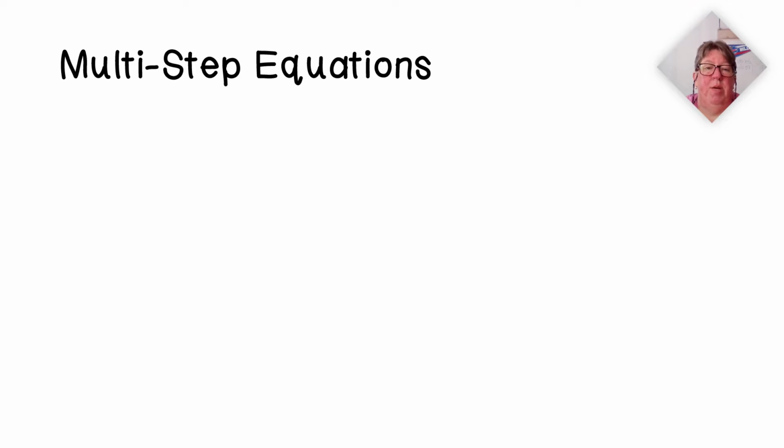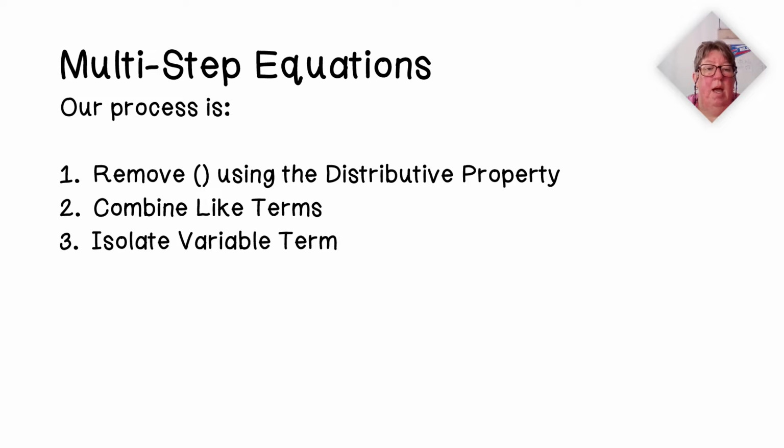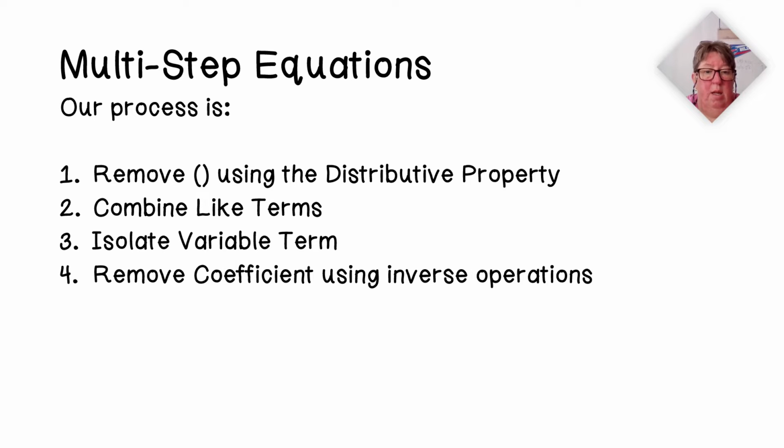So, multi-step equations. Our process so far has been: remove parentheses using the distributive property, combine like terms, isolate the variable term, remove the coefficient using inverse operations, and then verify our solution.